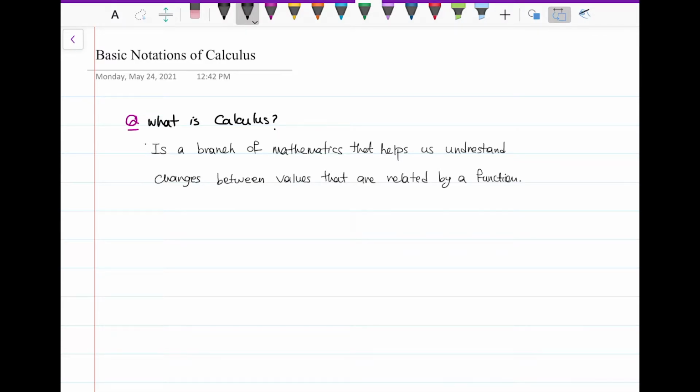Basically, calculus focuses on functions, limits, derivatives, integrals, and infinite series.